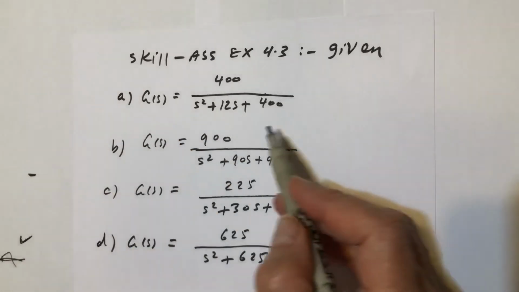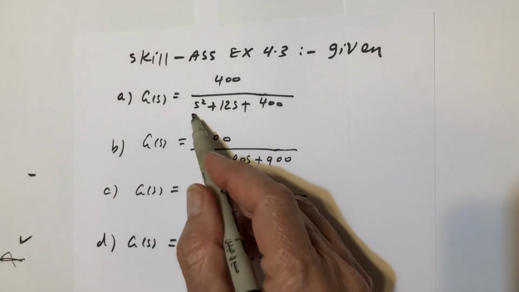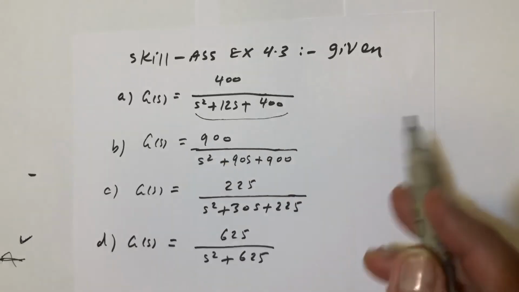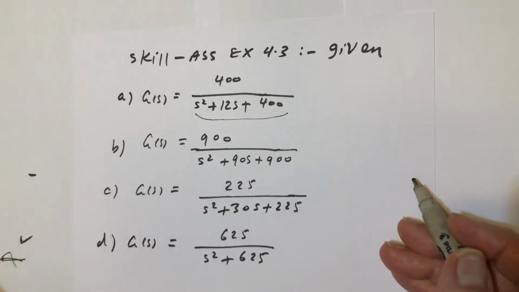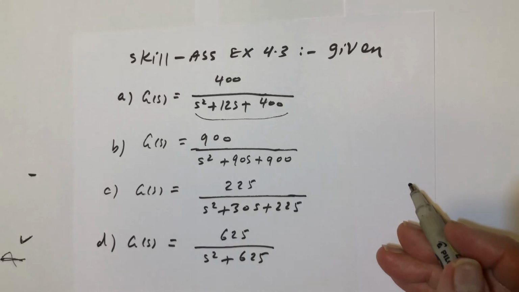So if you go and factor, you take the denominator and factor it. If both roots come out real and unequal, it's overdamped. Okay?